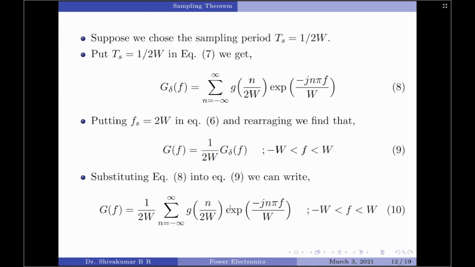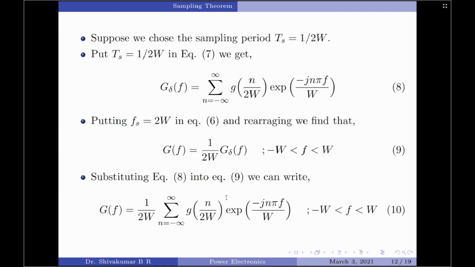Now, from equation 10, we should note, if the sample values g(n by 2w) of our input signal g(t) are specified for all time t varying from minus infinity to plus infinity, then the Fourier transform G(f) of our original signal is uniquely determined by using the Fourier series equation given by equation 10 here.